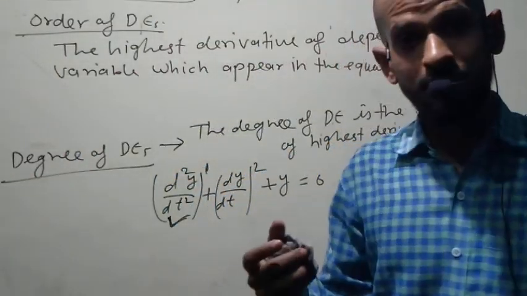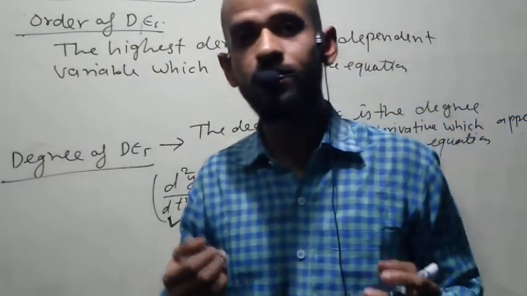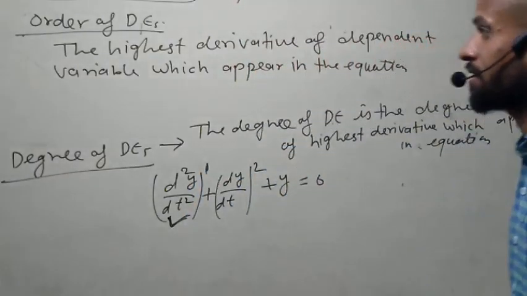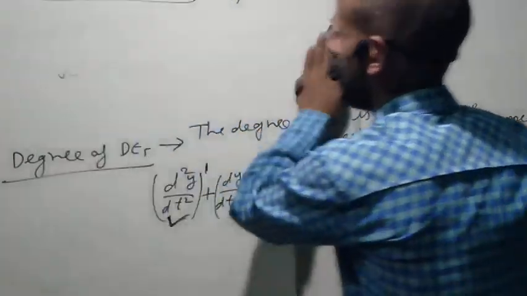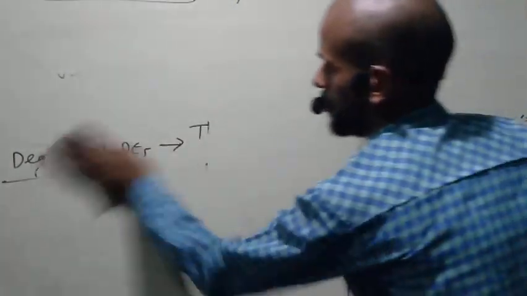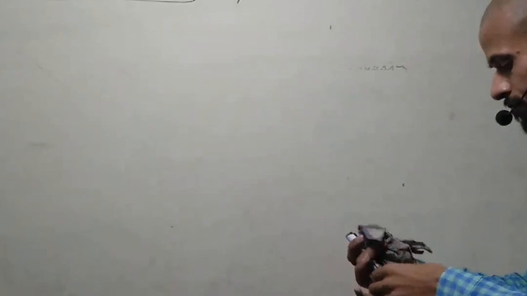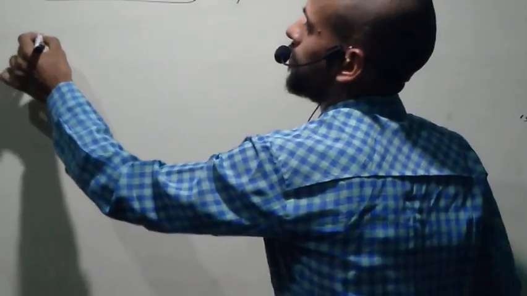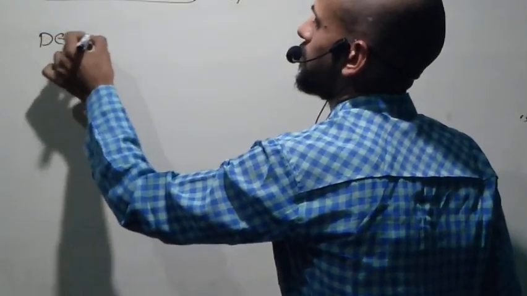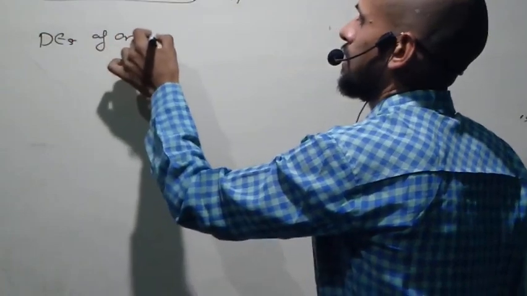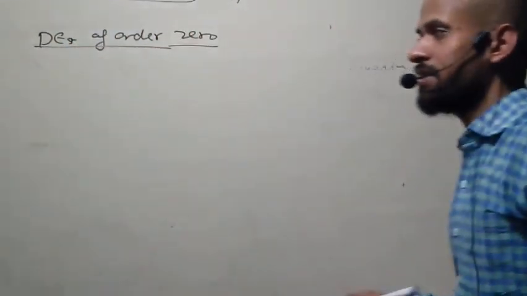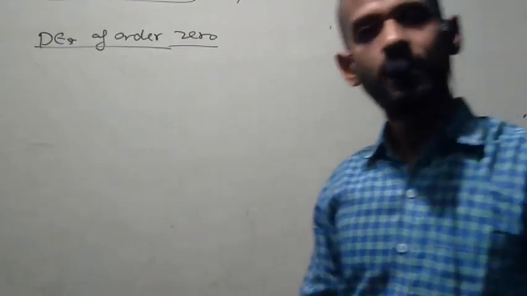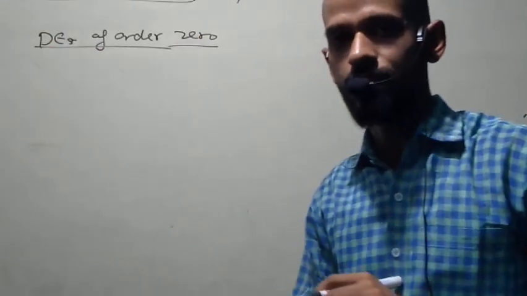Now, what about a differential equation of order 0? Differential equation of order 0 means there is no derivative in the equation.